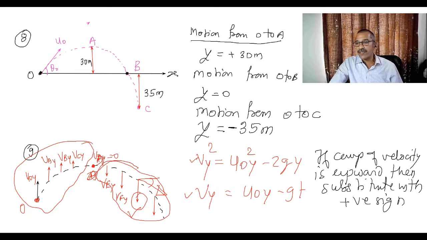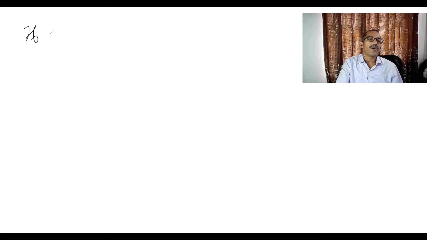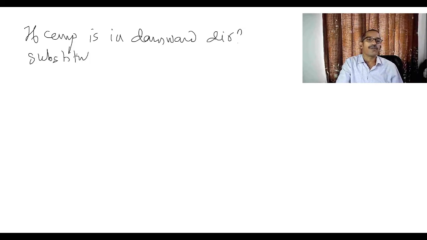And if the component is in the downward direction, substitute with negative sign. Okay, this is the vertical component of velocity.